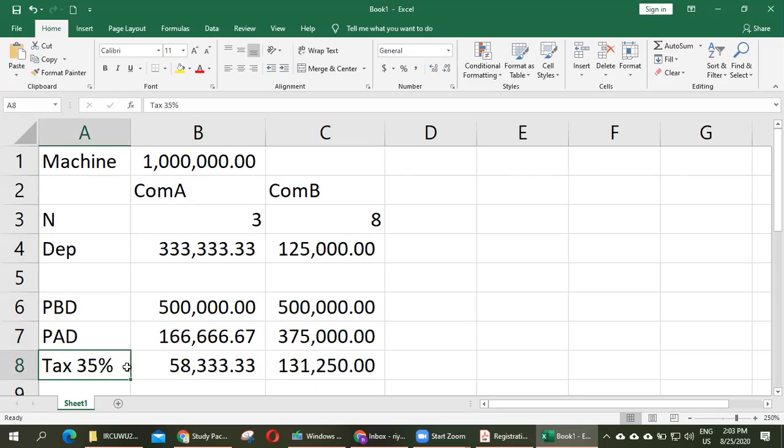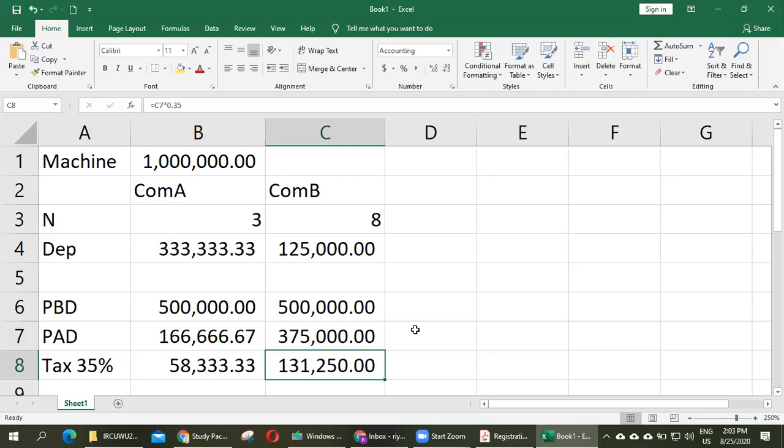So 35% tax should be imposed on profit after depreciation. Therefore, 35% of 166,666 rupees is 58,333. For company B, 35% of 375,000 is 131,250.